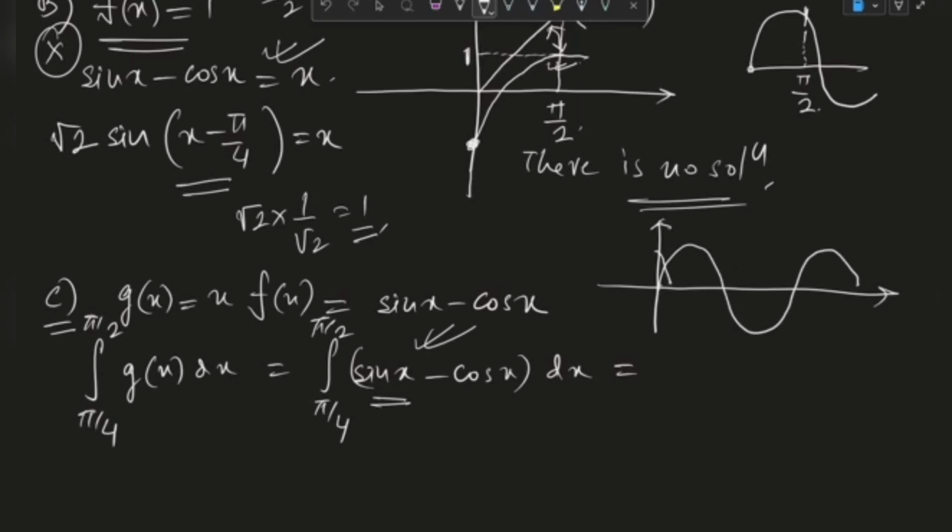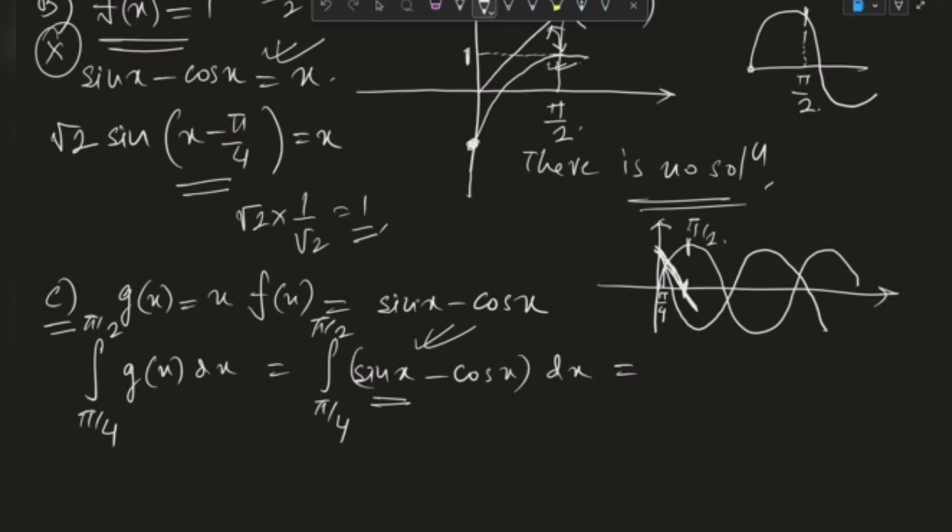Cos curve passes approximately something like this, and if you notice, this is pi by 4 I guess, and somewhere this is pi by 2. Okay, my graph is not so accurate. This will actually come something like this, because at pi by 2 it is 0, so the cos curve will pass through this place. Okay, you can draw it. I guess my drawing is not so good.